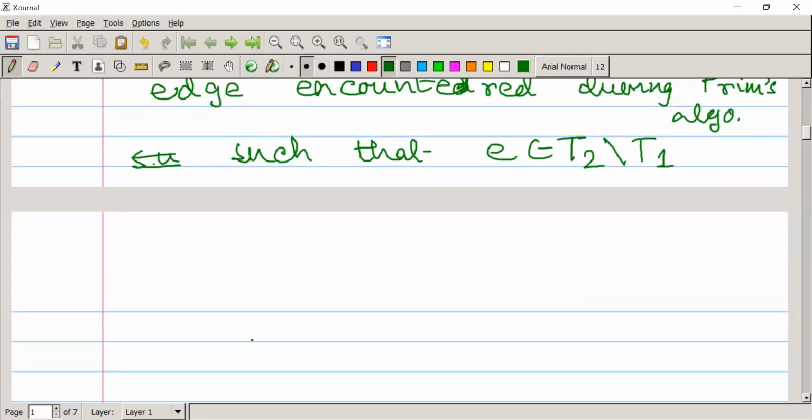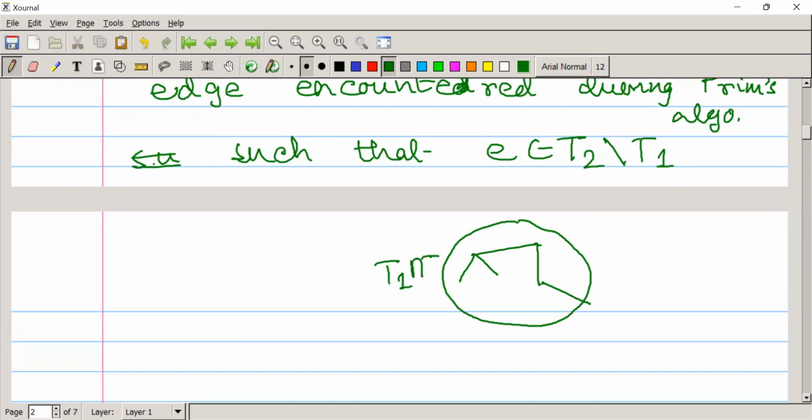Suppose this was both in T1 and T2, and this UV was the first edge that was in T2 and not in T1.